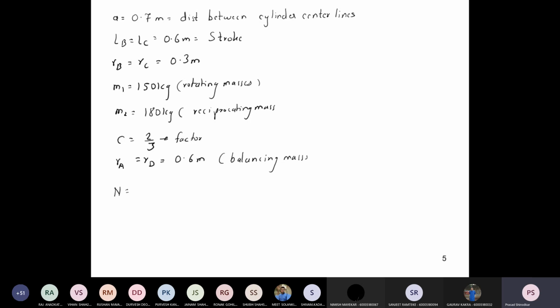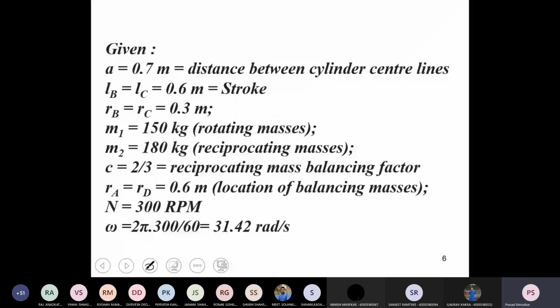And RPM is 300. So omega will be 2 pi N by 60, so 31.4 radians per second. Just a summary of the same data which I discussed just now.